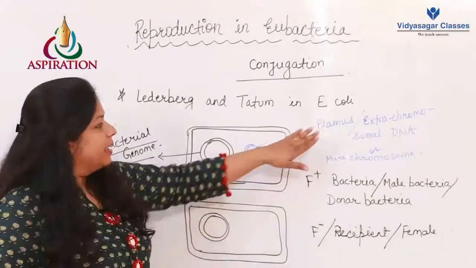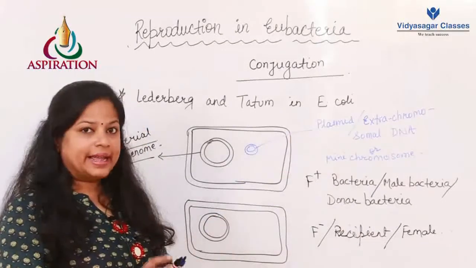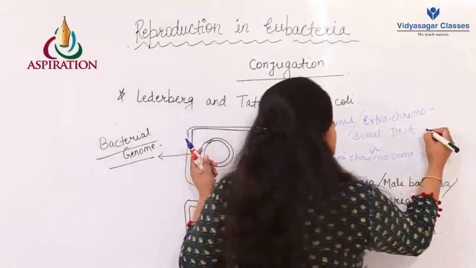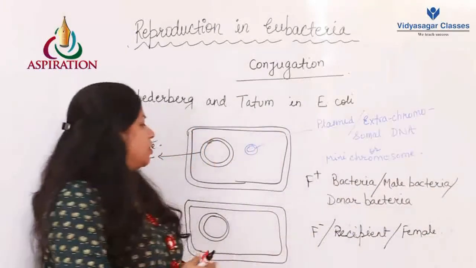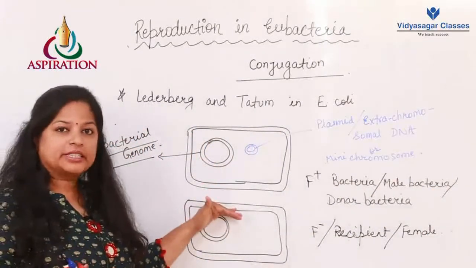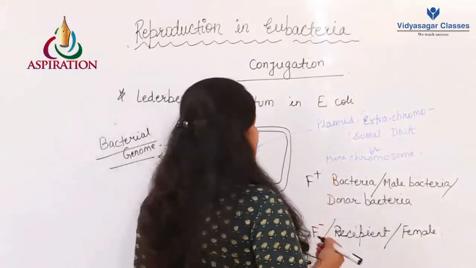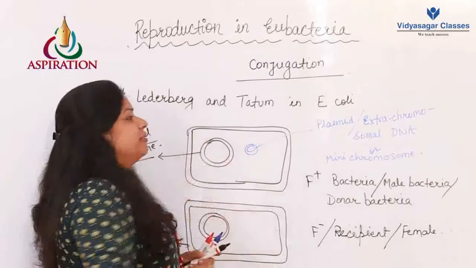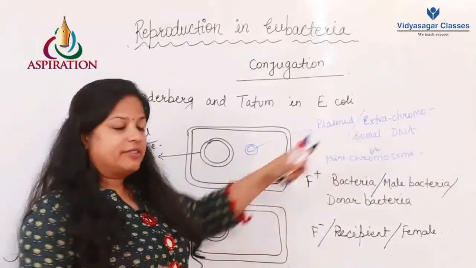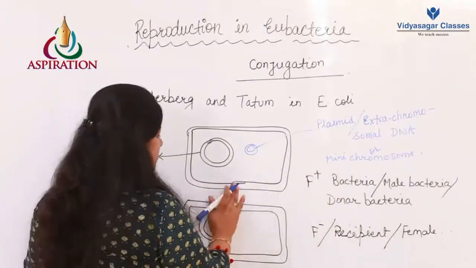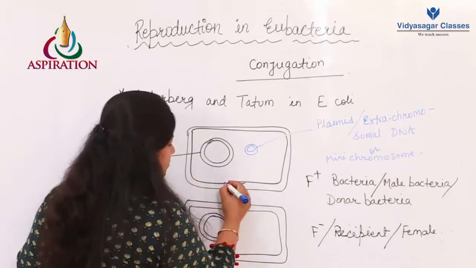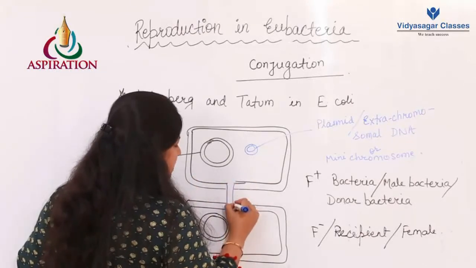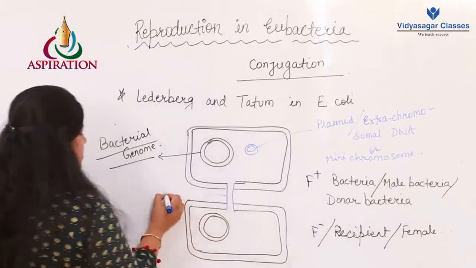The plasmid contains the gene for conjugation tube formation, so it is also known as fertility factor. The bacteria which has the plasmid can form the conjugation tube. This is the conjugation tube.